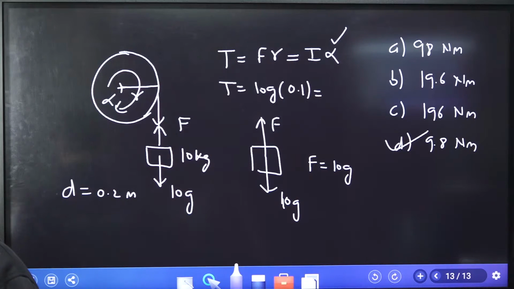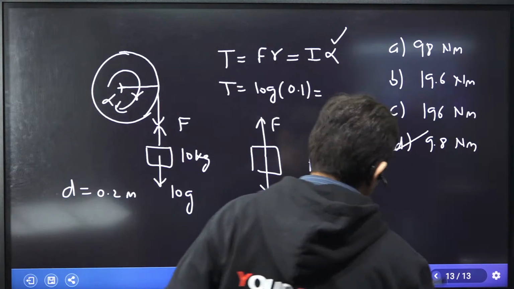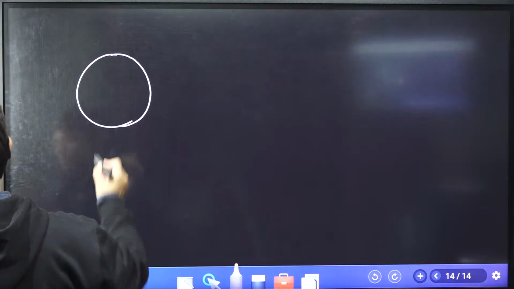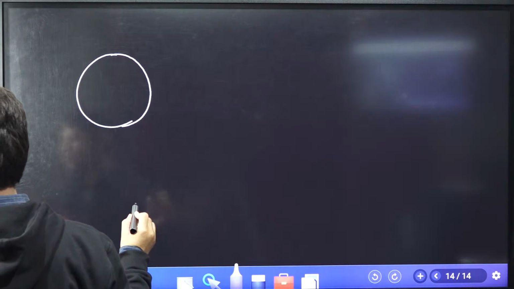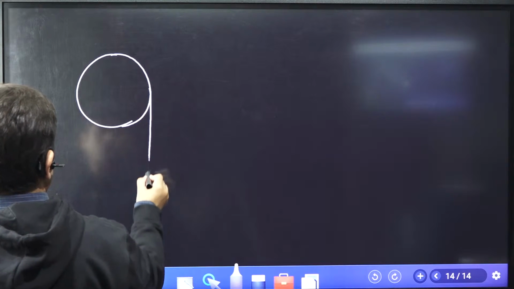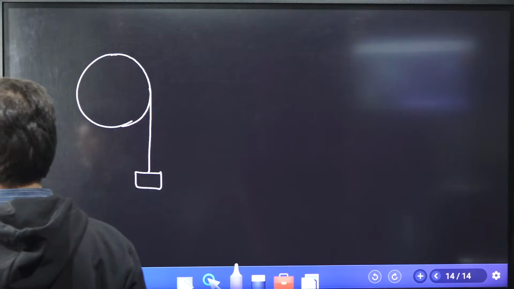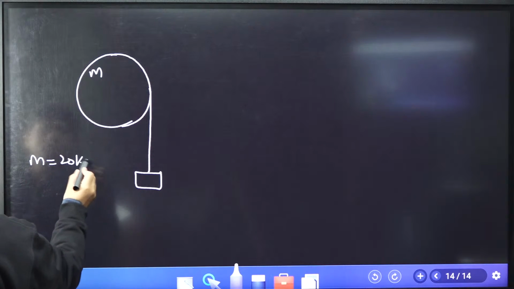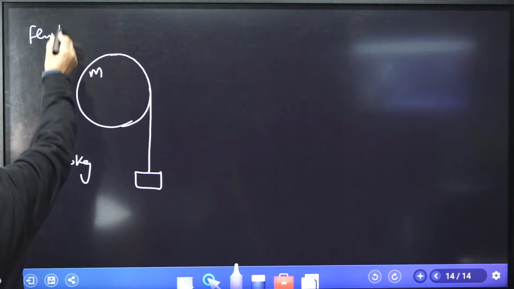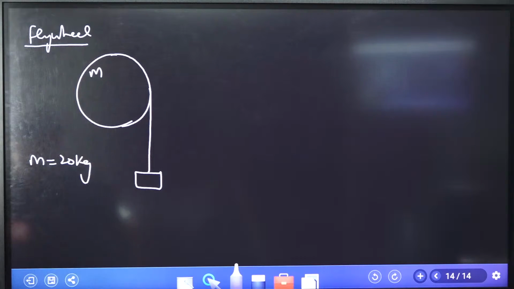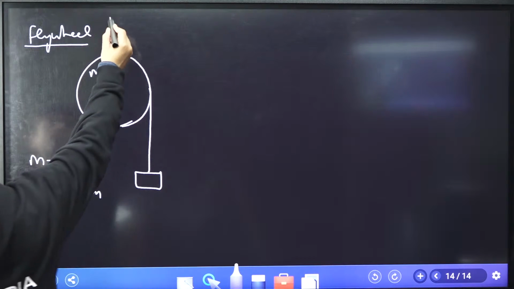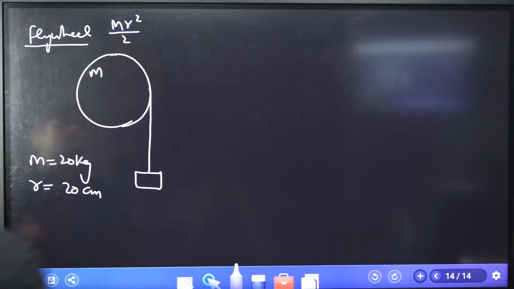And should I give you the next question? Same question which I was talking to you about, that is to find out alpha. So take this question. There's a string which is wound around the rim of a flywheel, and the flywheel has a mass of 20 kg. Flywheel is to be treated as a disc only, and radius is given as 20 centimeter, and moment of inertia will be mr square by 2.